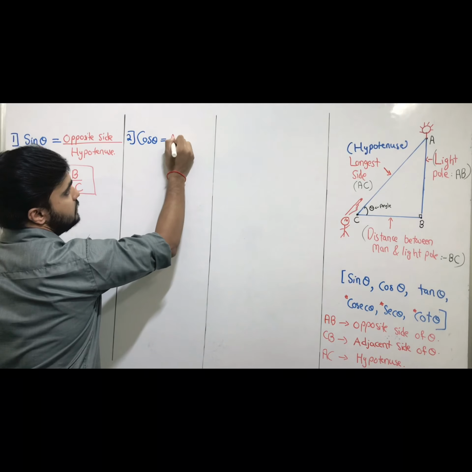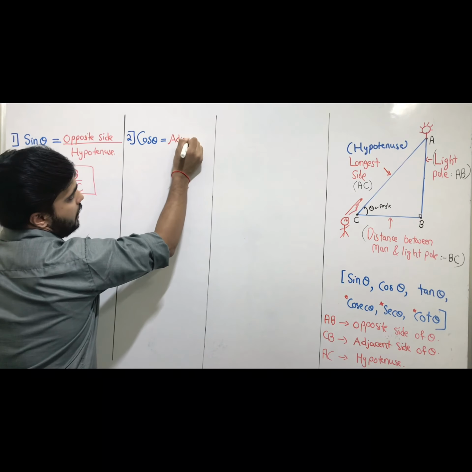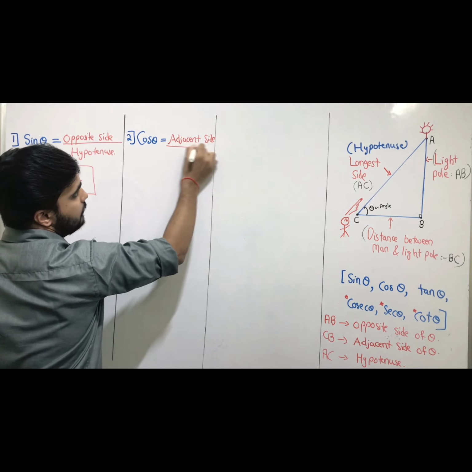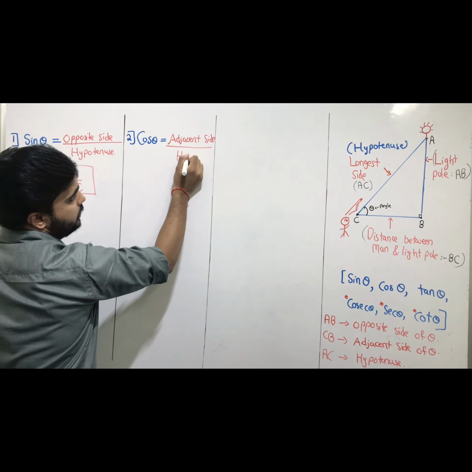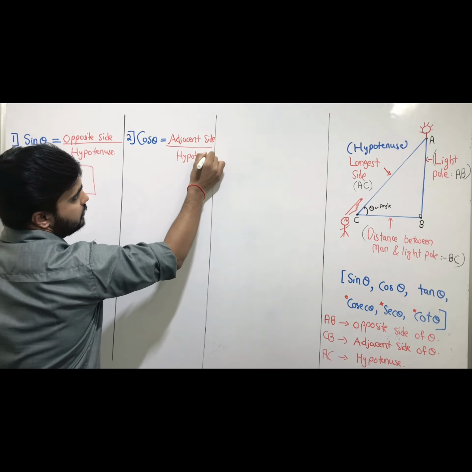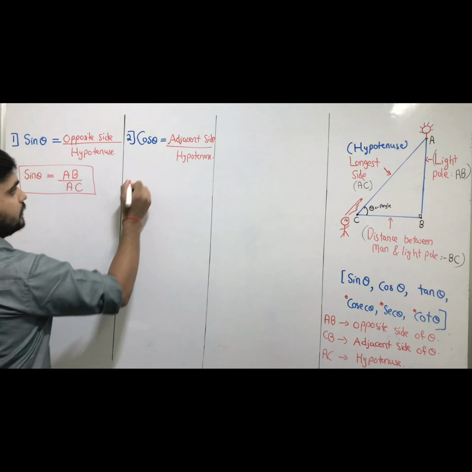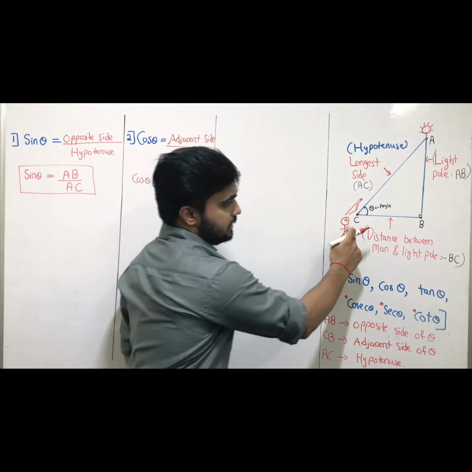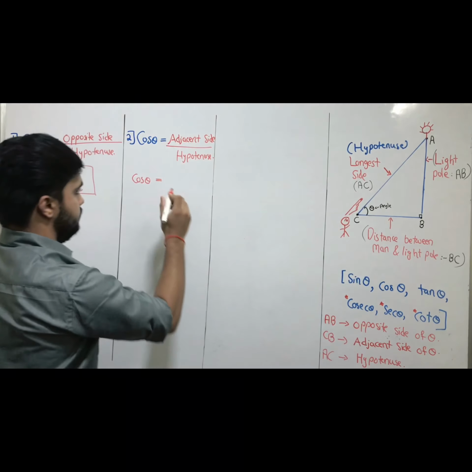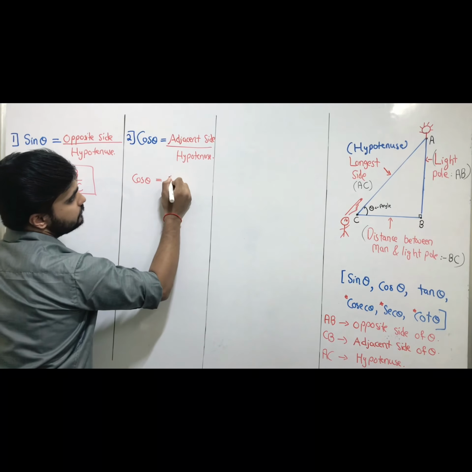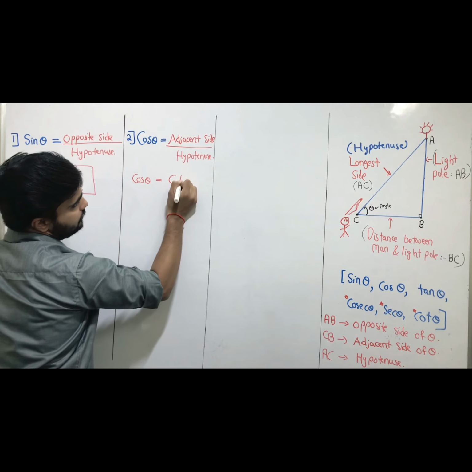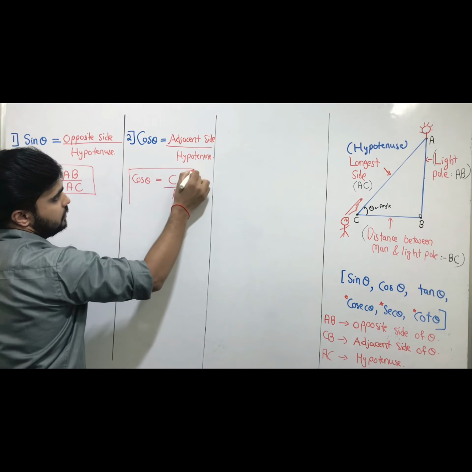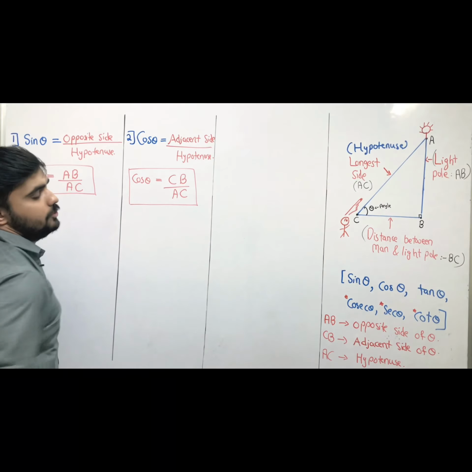So cos theta is adjacent side upon hypotenuse. Okay, so we can write cos theta as CB upon AC. So CB upon AC. So this is our formula for cos theta.